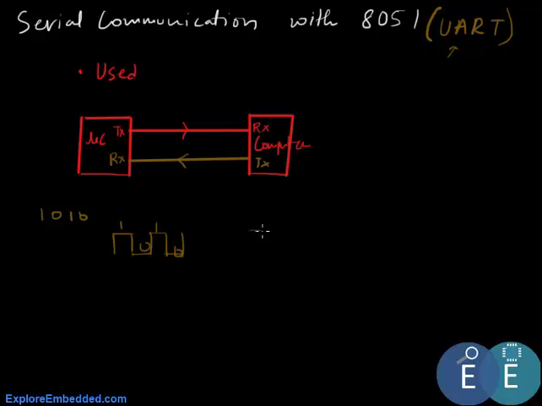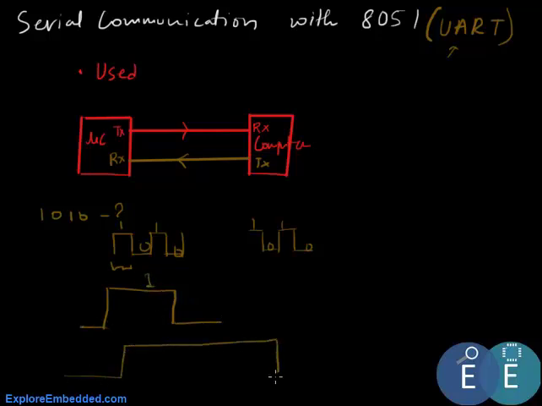Now the question is, how long does the microcontroller transmit this one? Is this one, or is this one, or is this one? So what is the duration of this one?